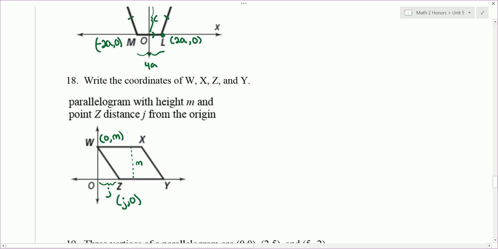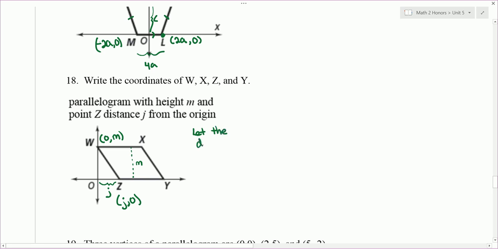Okay, and from there we have a choice. We get to pick what distance we want Z to Y to be and W to X to be. So this is our choice.